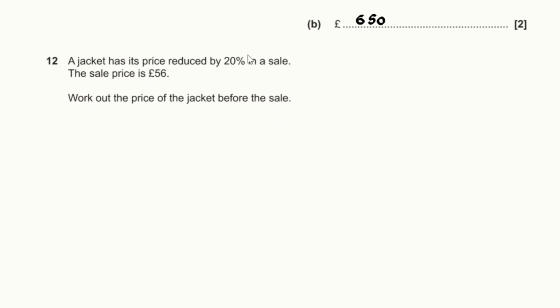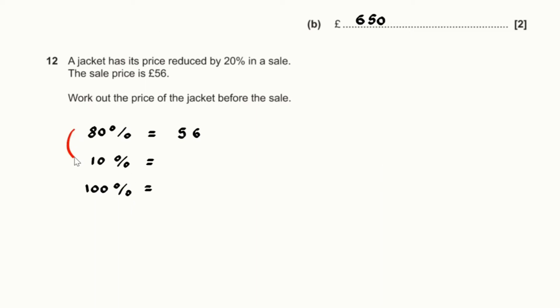So if we reduce the original price by 20%, that means what's left over is 80%. And 80% then would correspond to the £56. From this, essentially, we want to be working out what 100% is. And for us to work out what 100% is, it may be a good idea to work out what 10% is.